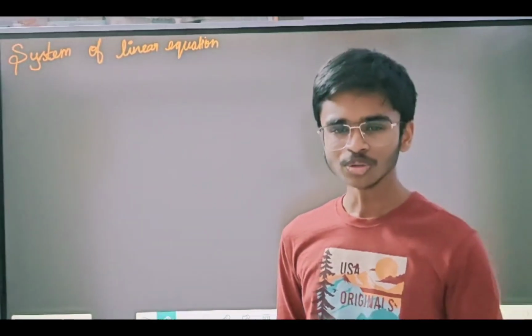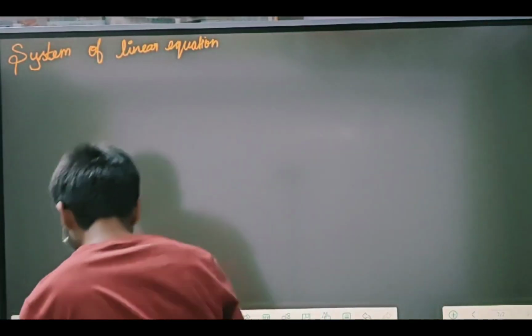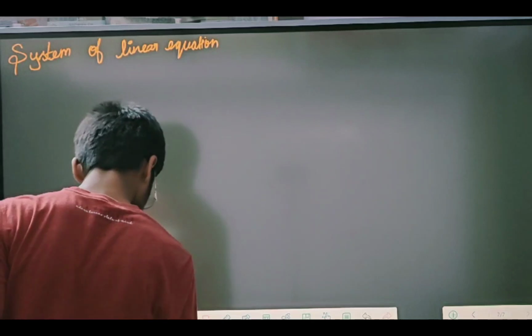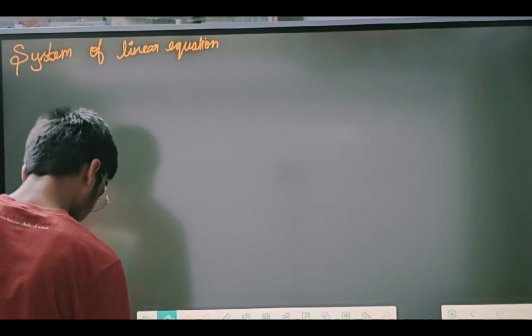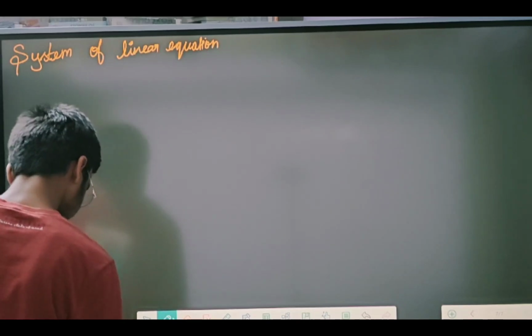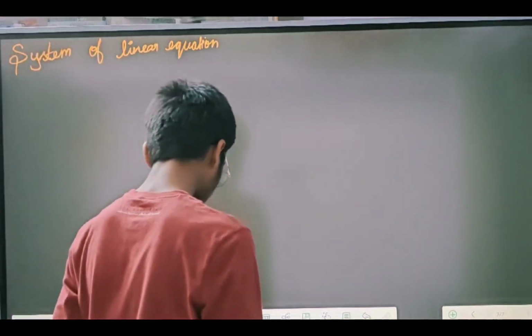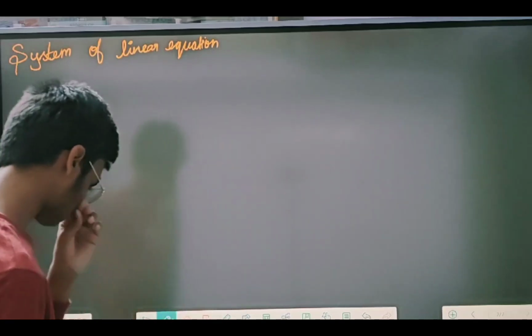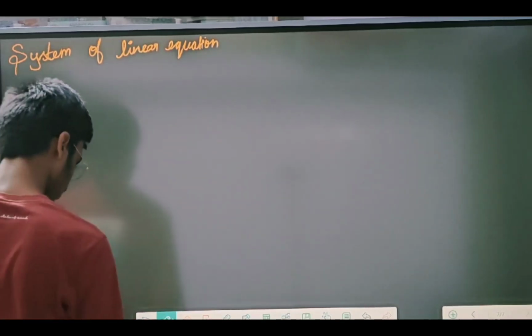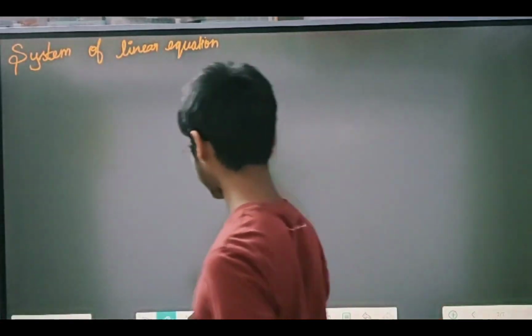If you know 2 cross 2, then 3 cross 3 is very easy. But the standard form they have given is 3 cross 3. So first we will come with the standard form, then we will go with the example so that this will be very clear.